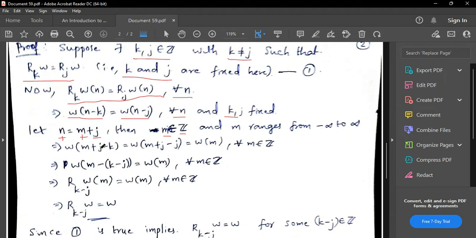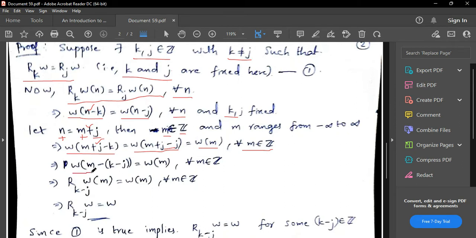So now we calculate w of m plus j minus k will be equal to w of m plus j minus j, because for this n we have taken m plus j and applied here. What is the result? This m plus j minus j is w of m, for all m belonging to z. This is true for all m belonging to z.